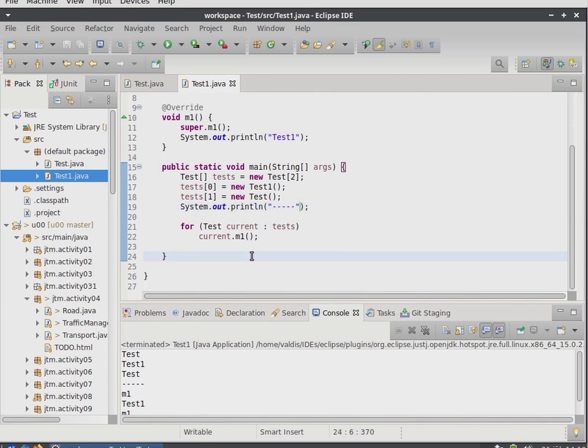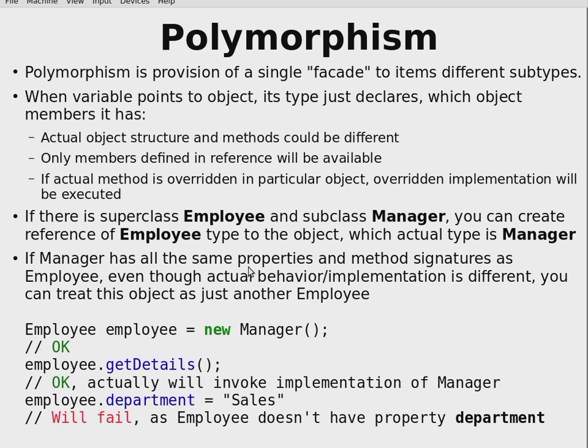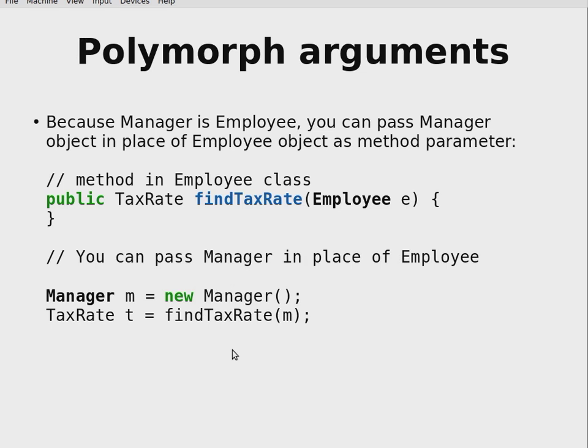Something like this. And here is another example, where we override a method, for example, get details for some object.